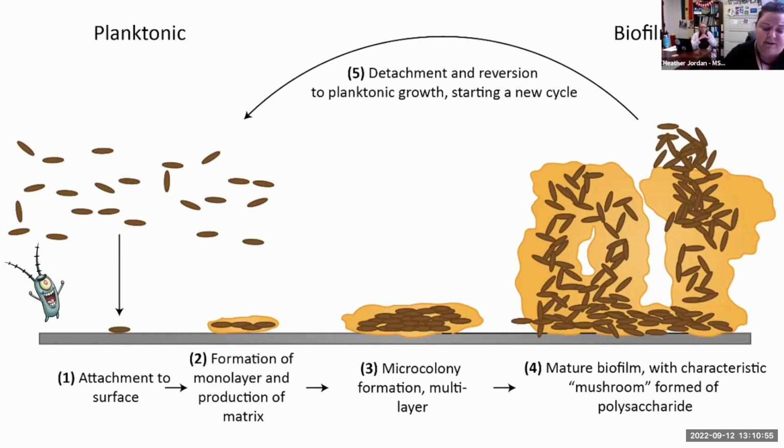So we have formation of a monolayer and the production of a matrix. That's that yellow area around the bacteria. Then a microcolony forms before forming a mature biofilm. And this mature biofilm can break off pieces, detach, and revert to a planktonic growth. And this starts a new cycle. So just a little bit of bacteria left behind when trying to clean something up can result in a biofilm forming later.